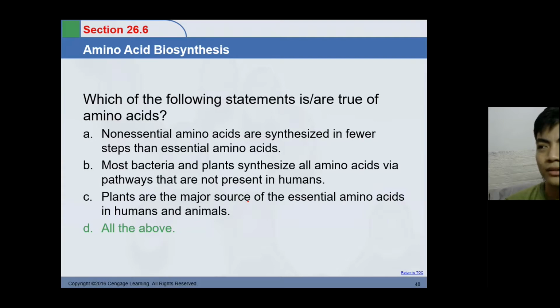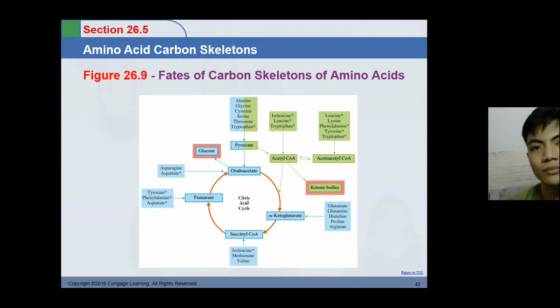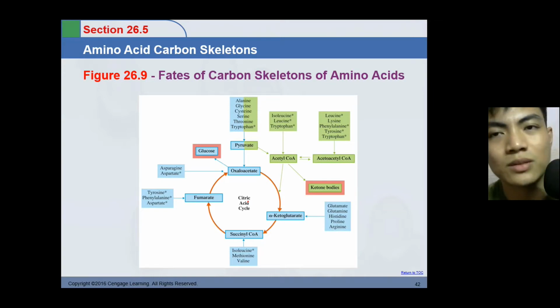Okay. So, ako siguro isasuggest ko na lang sa inyo, don't memorize pala. Gawa lang kayo ng let's say kodigo. Okay? Para alam nyo saan sila pwede gamitin. And of course, those processes are reversible. So, pwedeng amino acids ma-convert into intermediates that can be used in glycolysis, Krebs cycle, or ketogenesis.